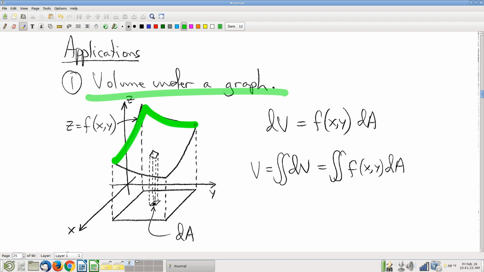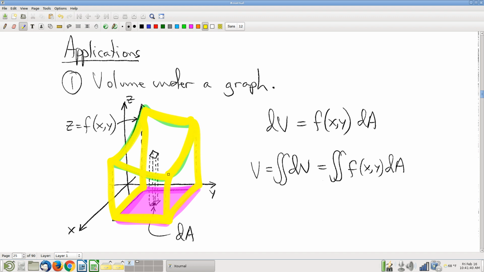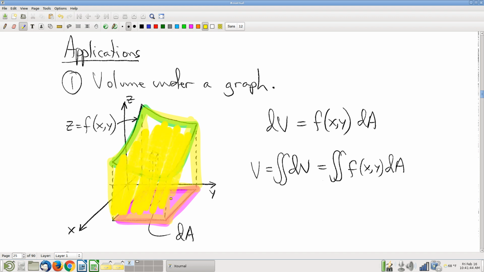If you have a graph, you could say, okay, I've got a domain down here, and sitting over this rectangle, I would like to know how much volume there is sitting under that graph.